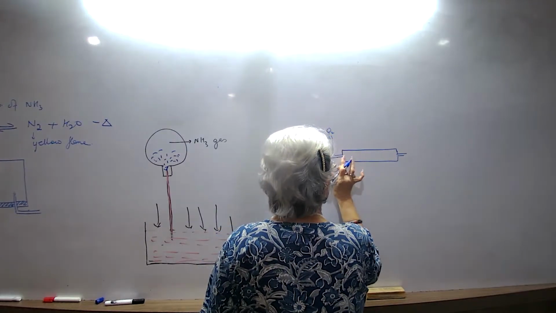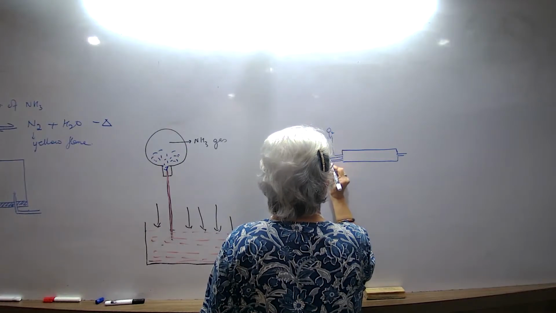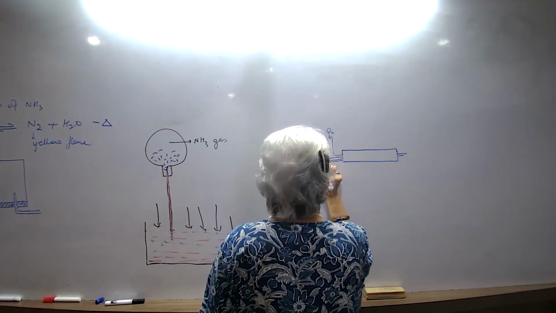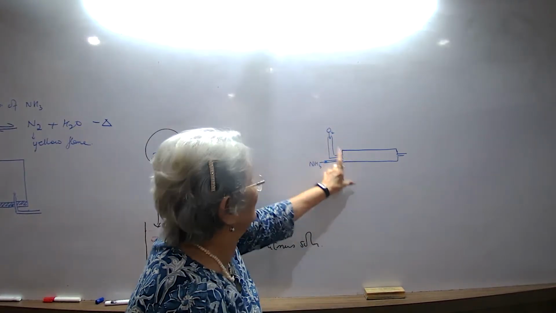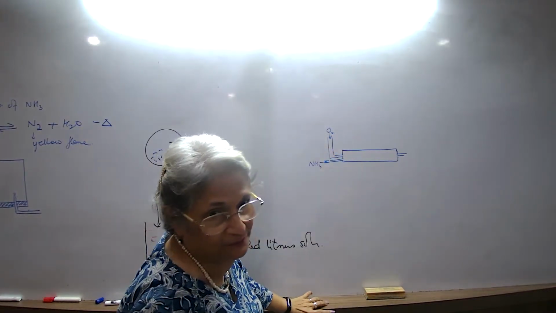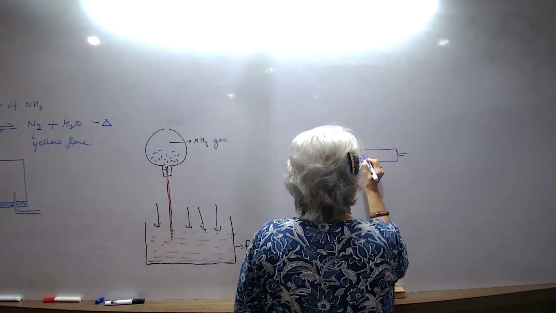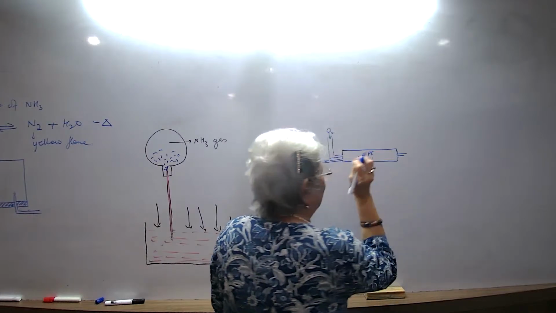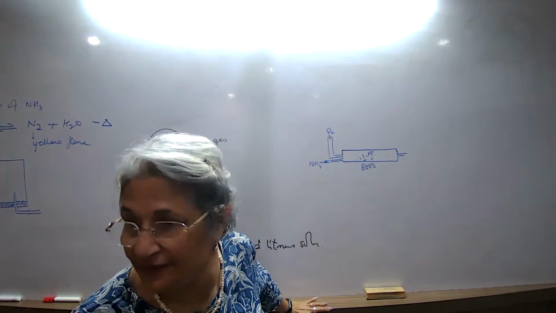And in the same ignition tube, you are having another outlet of ammonia. Ammonia is allowed to enter here and oxygen is allowed to enter here. Correct? Here you have platinum heated at 800 degrees centigrade. Very, very hot, red hot platinum. 800 degrees centigrade.